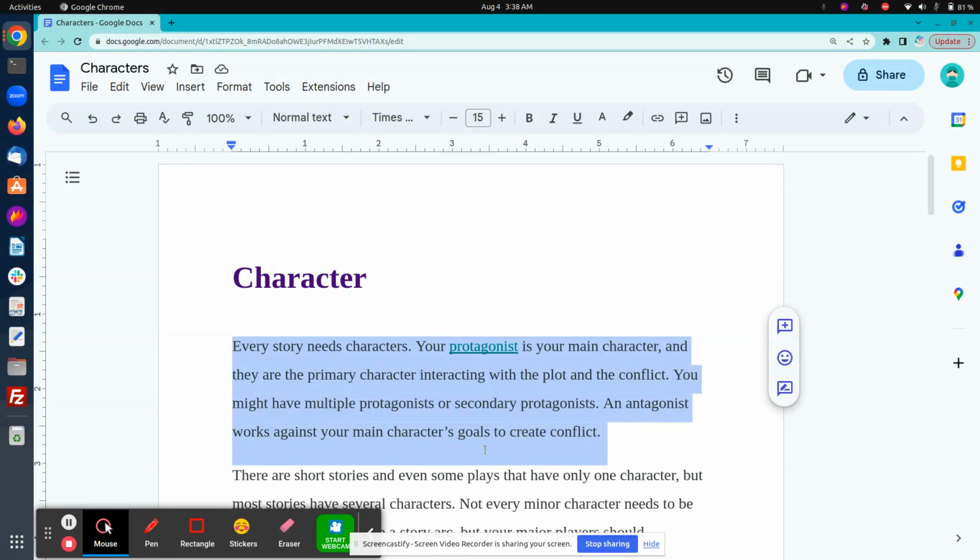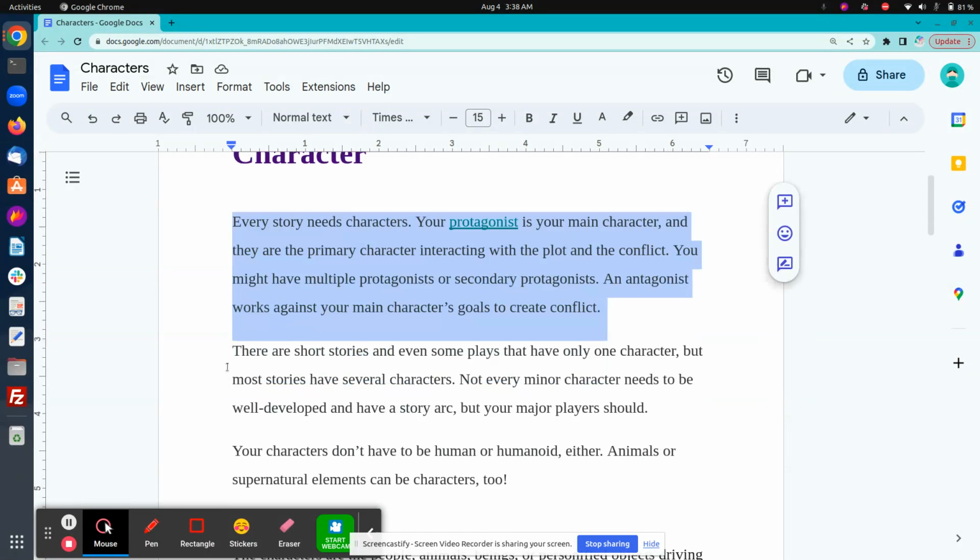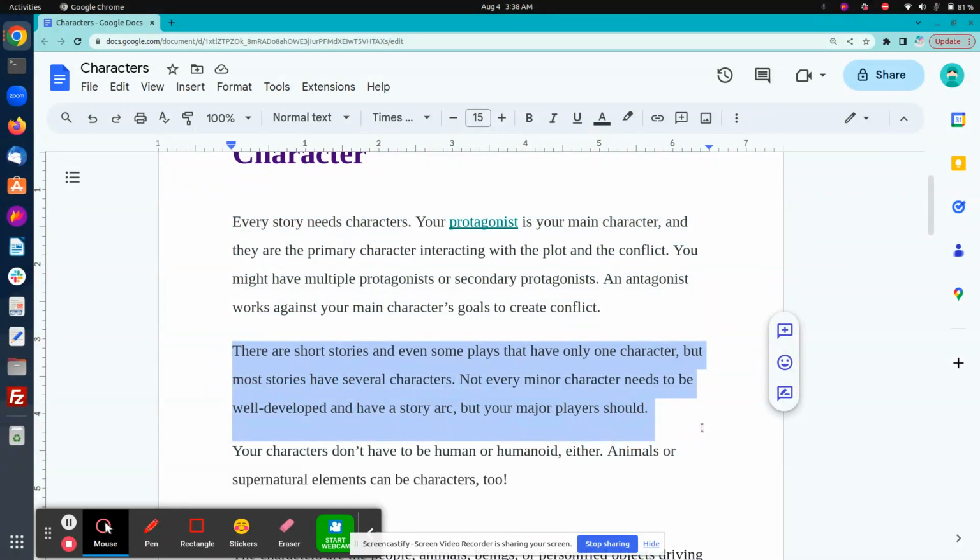It opposes the protagonist. So, there are short stories and even some plays that have only one character, but most stories have several characters. Not every minor character needs to be well developed and have a story arc, but your major players should. So, they're saying that there are stories and even some plays that have only one character, but most stories have several characters.